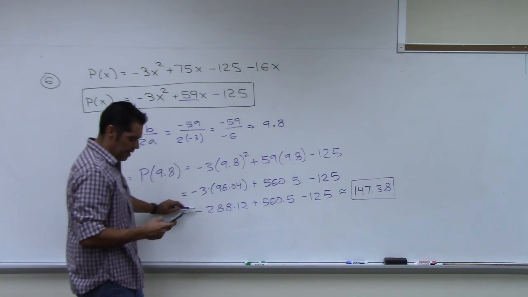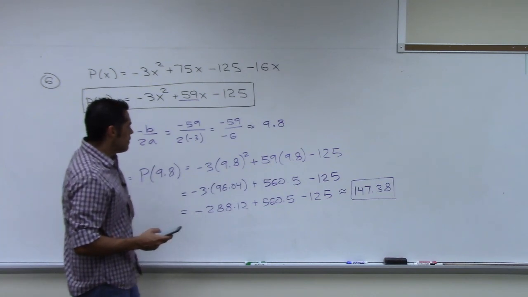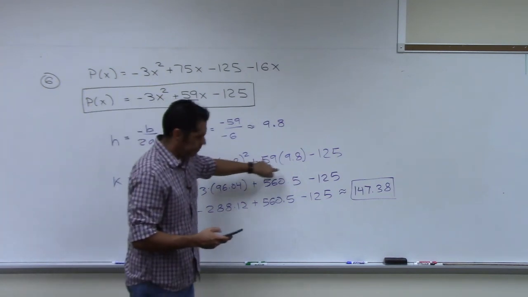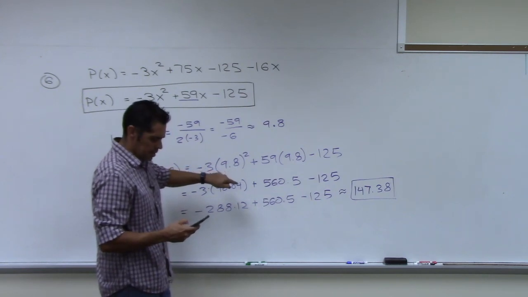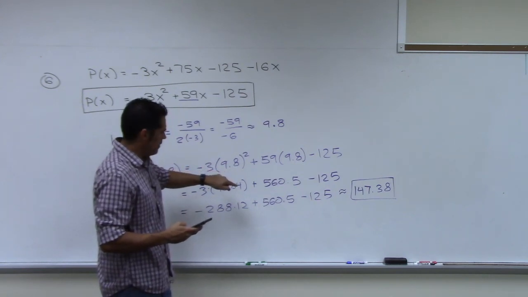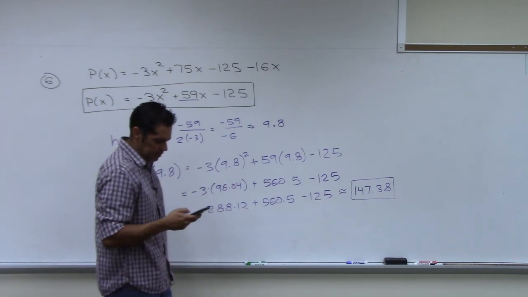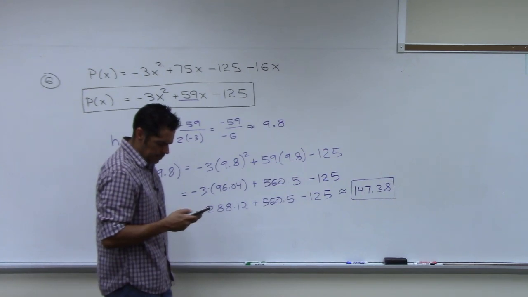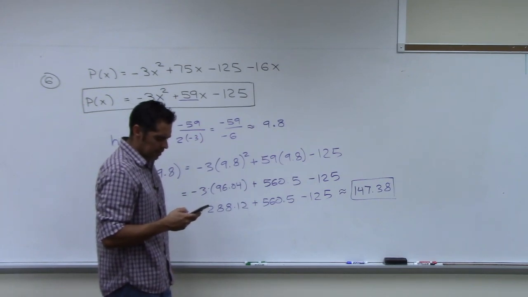Plus 560. What's the difference of 59 and 9.8? You got a different number than us. Oh, this one right here? Yeah. It should be 59 times 9.8. Yeah, 570. What did I type in? Hold on, I can bring up my history. What did I type in? This calculator sucks.